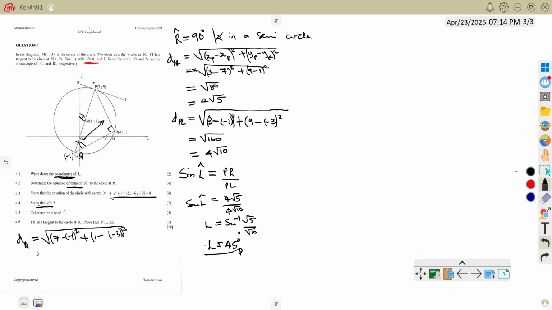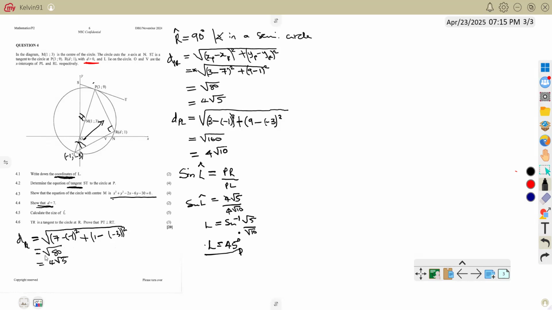If you check, this is equal to root of 80, which is equal to 4 root 5.